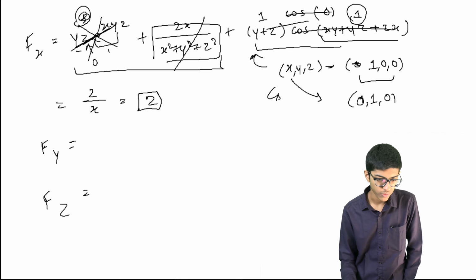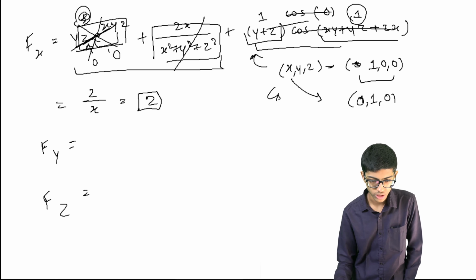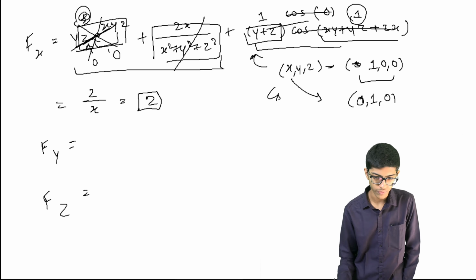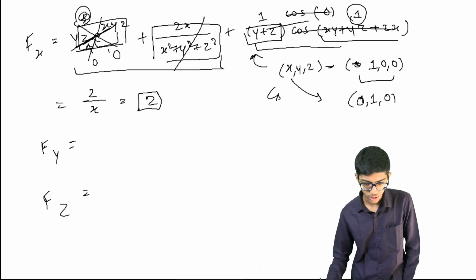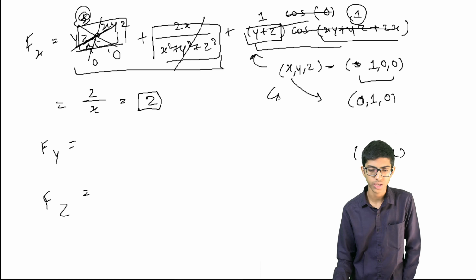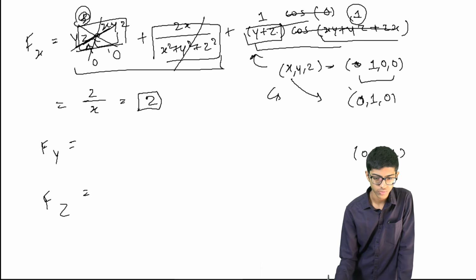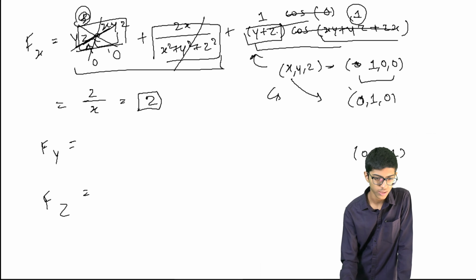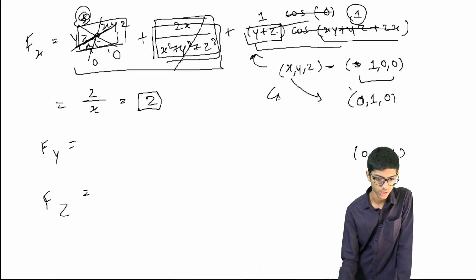This part will equate 0 in all cases. And for this part, for fy we have this, and for fz we have 0, 0, 1. So when we substitute y equals 1 and z equals 1, these two parts yield the same result, and this also yields the same result.